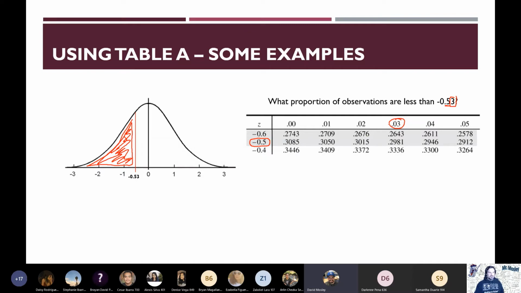So I'm going to go down from here. Look at this row. And so that means the number I want is 0.2981.